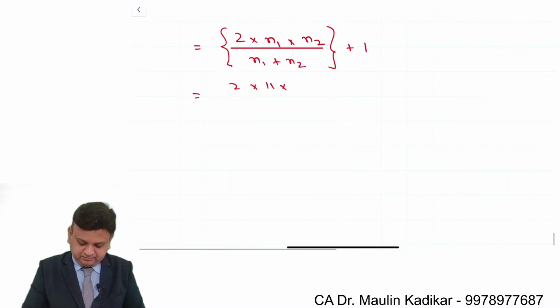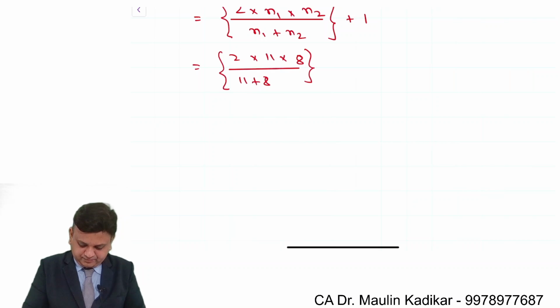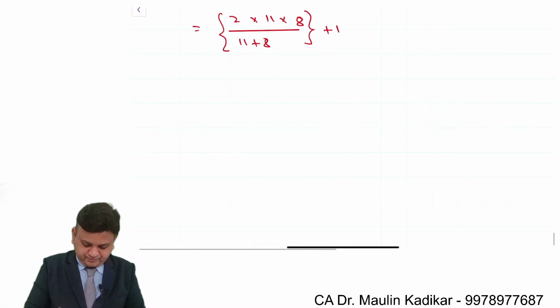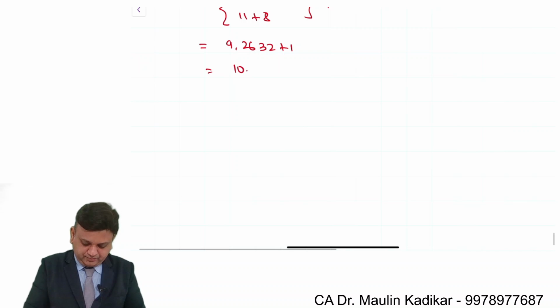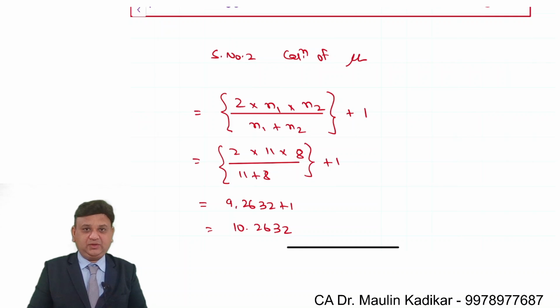N2 is 8. Whole divided by 11 plus 8, plus 1. So 2 into 11 into 8, 176 upon 19, 9.2632 plus 1, 10.2632.